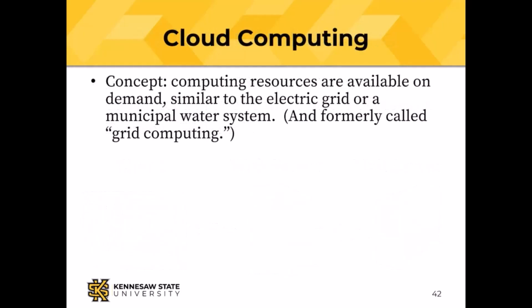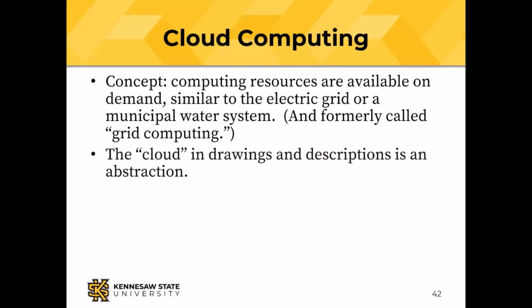Then there's cloud computing, and this was formerly called grid computing, and the idea was that computing power would be as accessible as the electric grid made electric power available. Well, grid computing wasn't a real deal back when it was named, and by the time it became a real deal, the name had morphed into cloud computing.